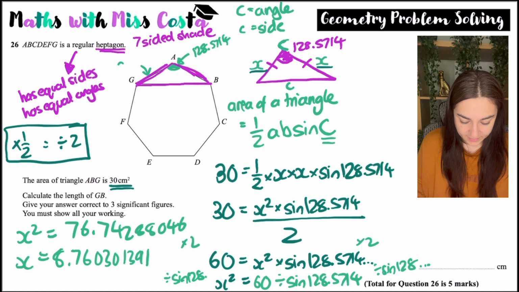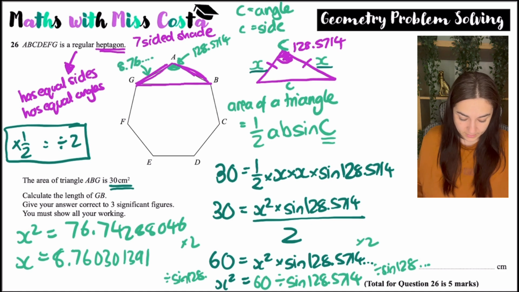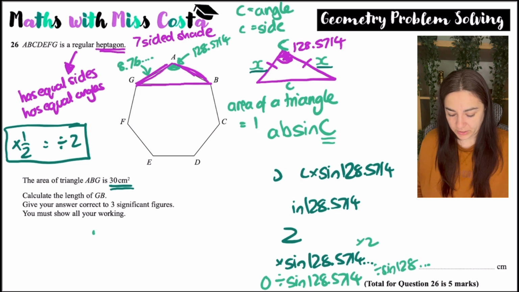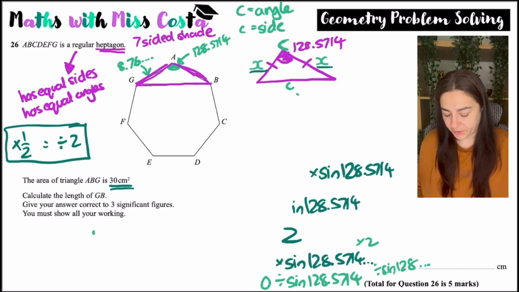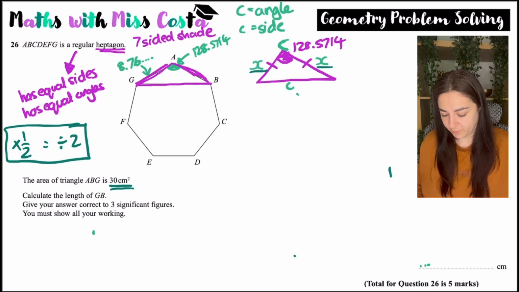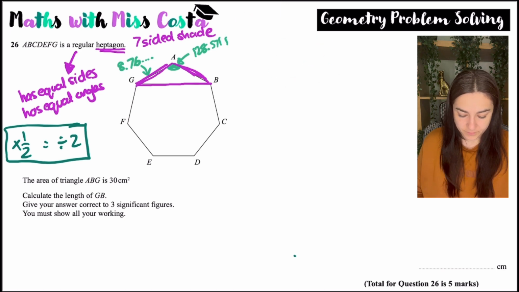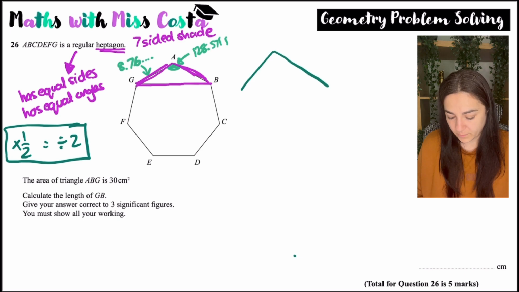So each of these sides are 8.76. And I'm trying to work out the length of GB. So once again, I'm going to use maybe the sine rule, maybe the cosine rule. Let's have a look at the information that I've been given. Okay, so we've got our triangle.